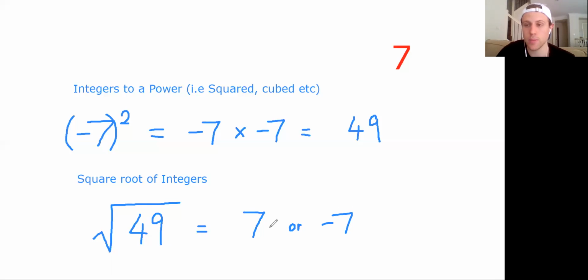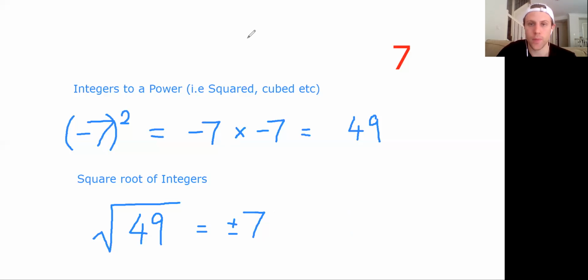So 7 times positive 7 is 49, and -7 times -7 is 49. We don't usually show it in that sort of notation though. So I'm going to get rid of this, and say a positive or a negative version of 7 is the right answer to the square root of 49. So we would notate it like that. Plus or minus 7 would be the answer to square root of 49.